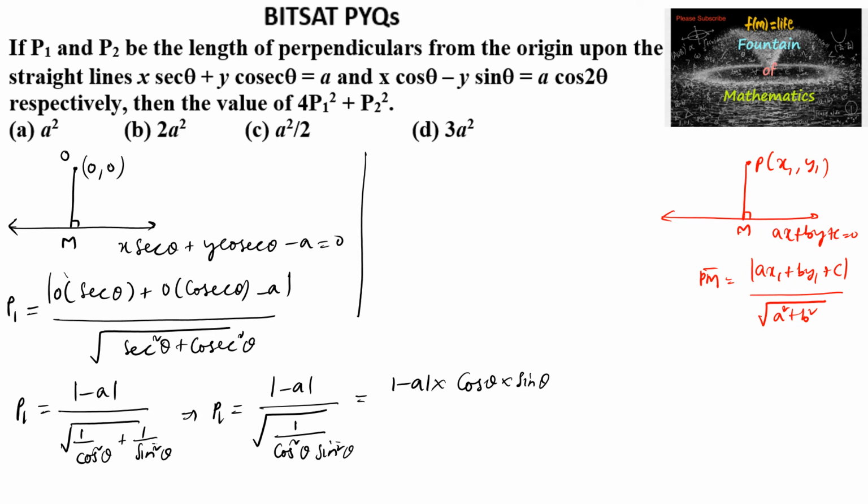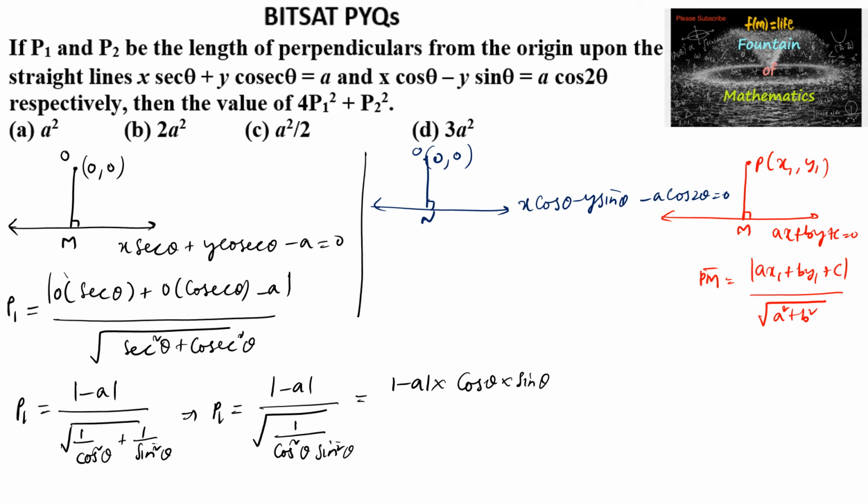Similarly, for the second line, distance from origin (0, 0) upon the line x cos theta minus y sin theta minus a cos 2 theta is equal to 0.